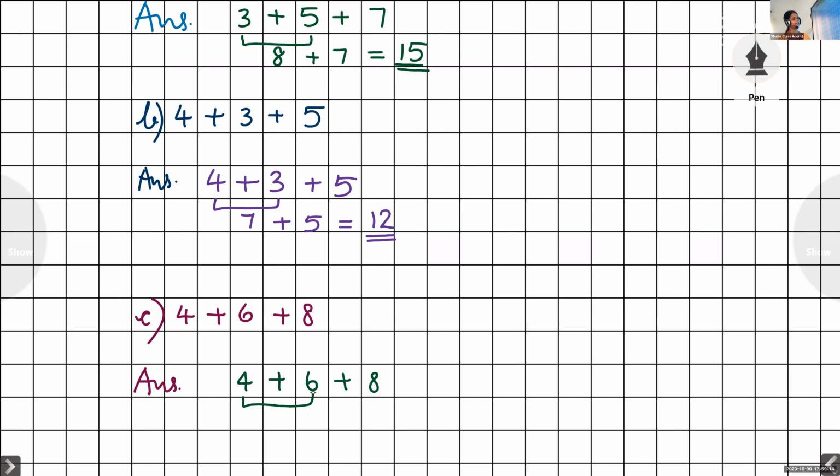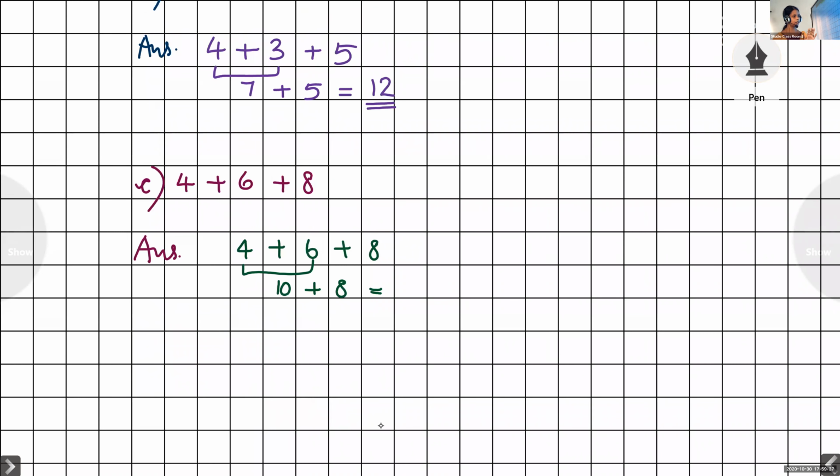4 plus 6. 6 in the mind, 4 in the fingers. 7, 8, 9, 10. So the answer is 10. Okay. So 10 plus the third number 8. 10 in the mind, 8 in the fingers.